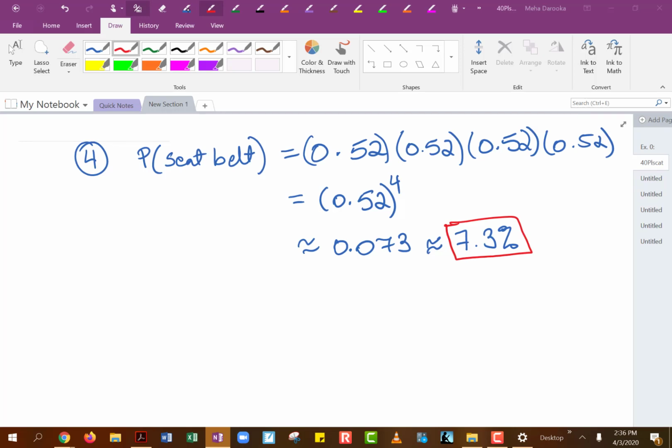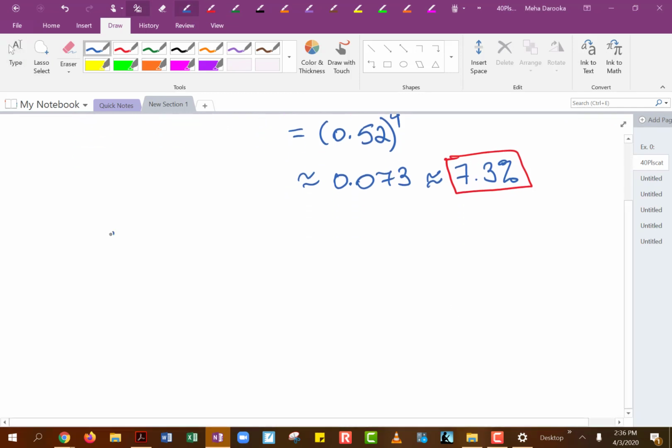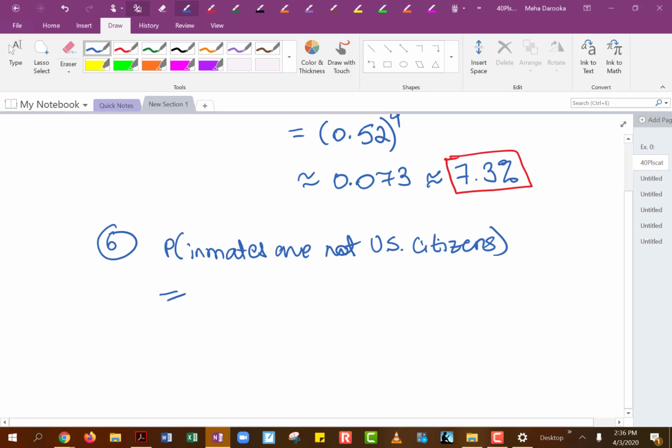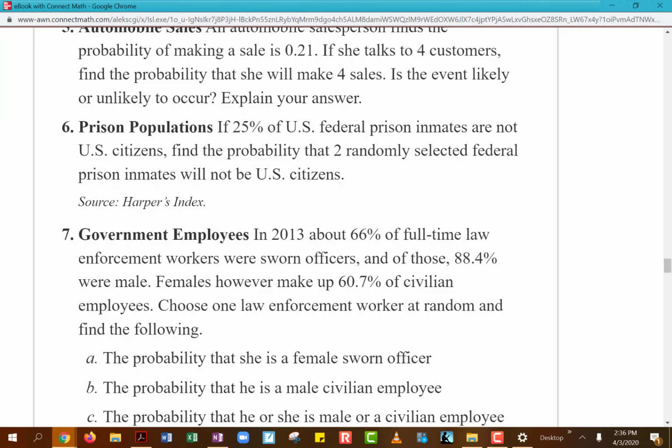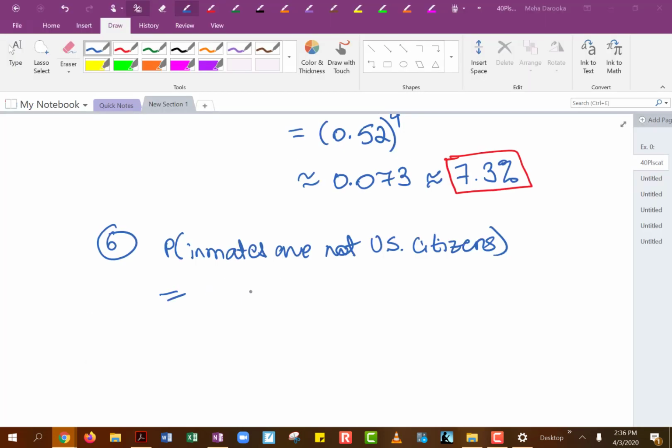So this is example 6. The probability that the inmates are not U.S. citizens, and that probability they're telling us is 25%, which would of course come out to be 0.25.